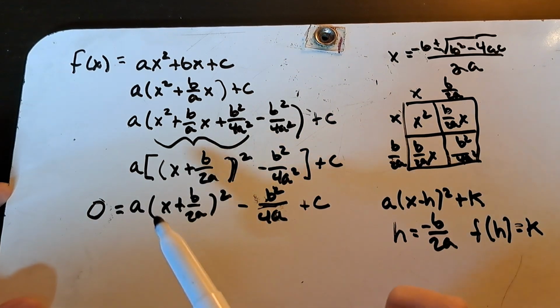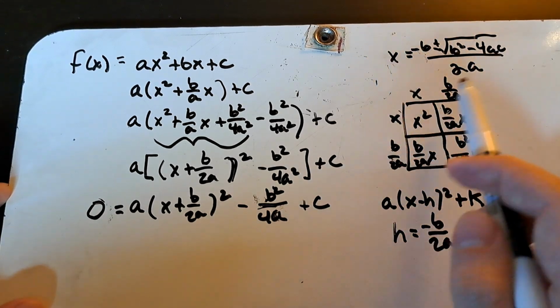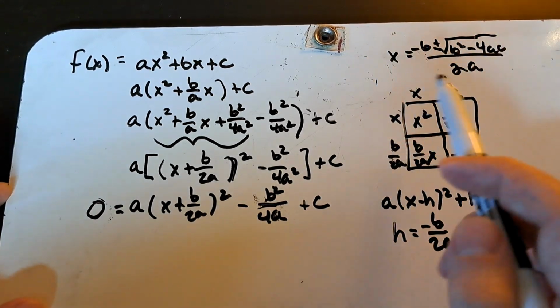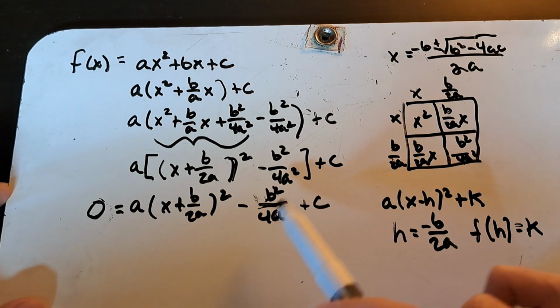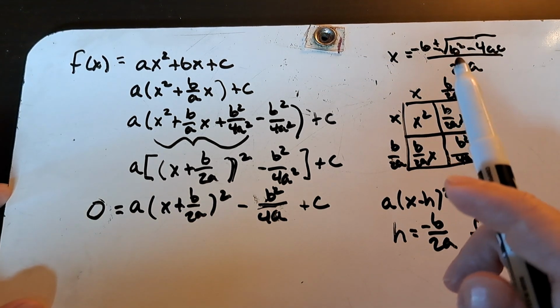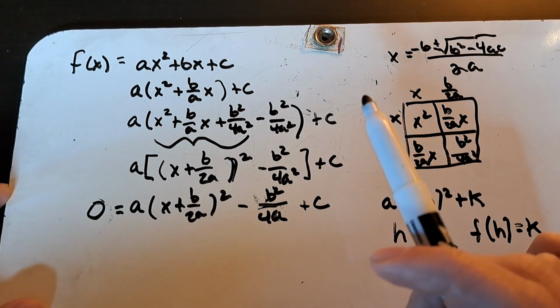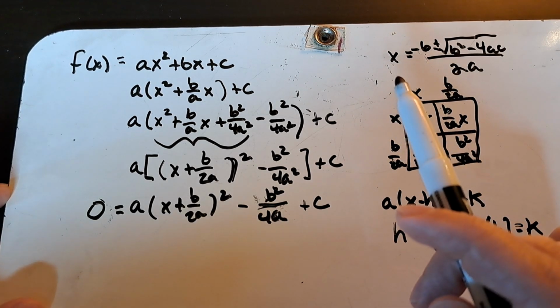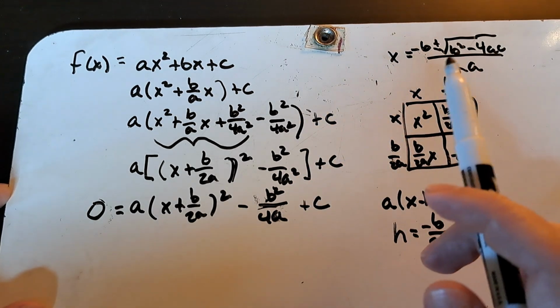All right, now let's figure out how we get from here to here, because in order for them to be able to derive this quadratic formula, they had to follow these steps. I believe it was Al-Khwarizmi, an Arabic mathematician, back in the 700s or so.